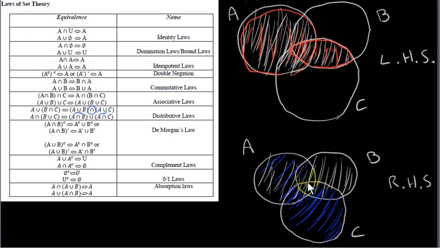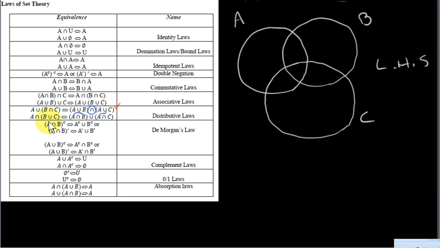I will do the intersection in red. That's where we have both white and blue, which is the same as what we have up here. So it shows that the left hand side is equivalent to the right hand side. So that proves the first distributive law.